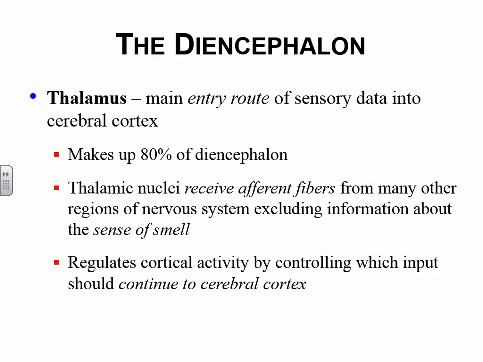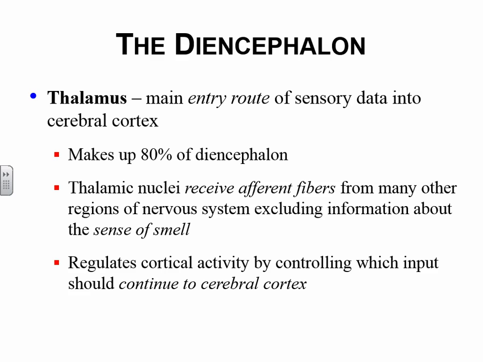When all of our sensory input, with the exception of smell, comes into the brain, the thalamus directs it to its appropriate location. The thalamus is the ultimate traffic control center for the brain. Information is sent to the thalamus, then it routes it to the appropriate location of the cerebral cortex. That's why the bulk of the diencephalon, 80% of it, is the thalamus.